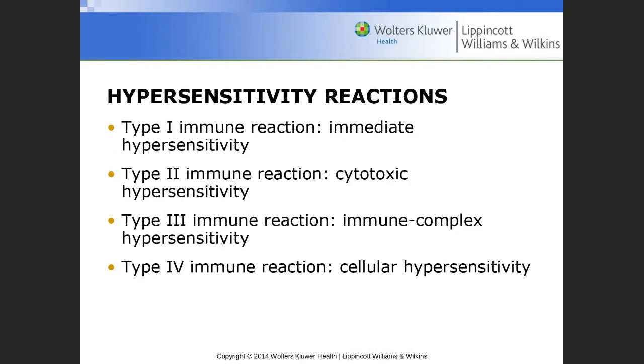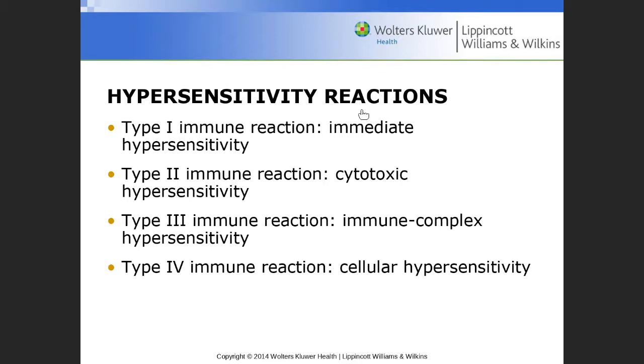Okay, so hypersensitivity. Let's do 10 more minutes and take a break. There are 4 different hypersensitivities: type 1, type 2, type 3, type 4. I would say these 3 are mediated by antibodies. This one is mediated by T cells.